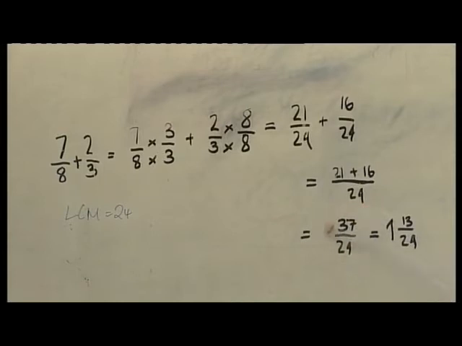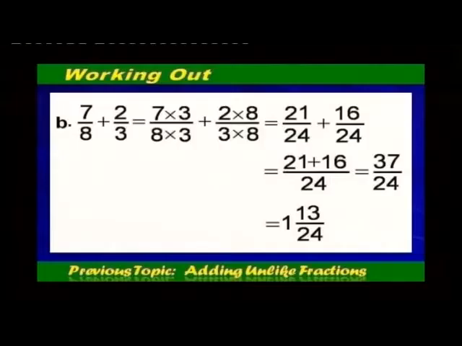What kind of fraction is this? It's an improper fraction. So you divide to get 1 and 13/24. What kind of fraction is this? It's a mixed number. All right. Thank you very much. This is how your working out should be.